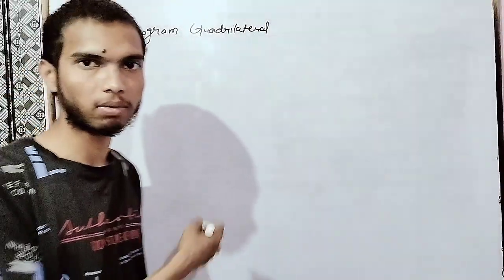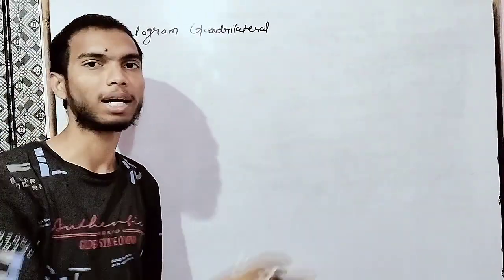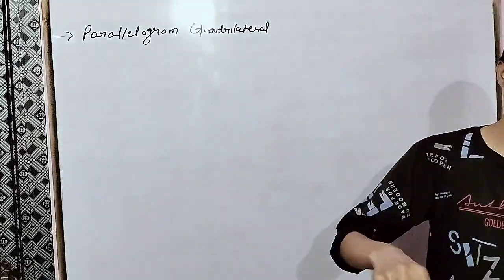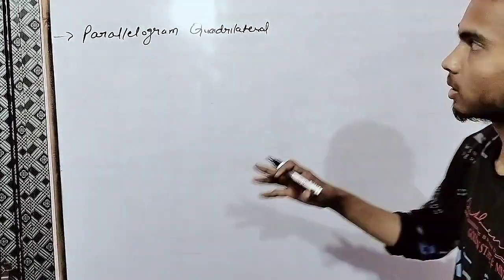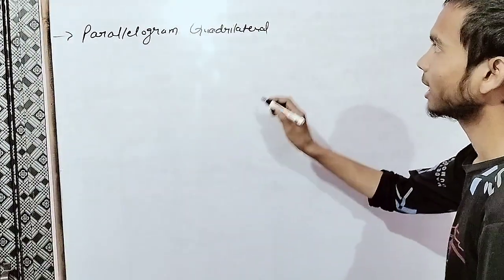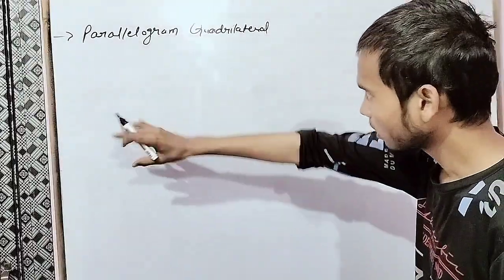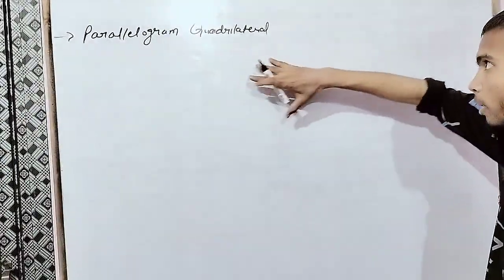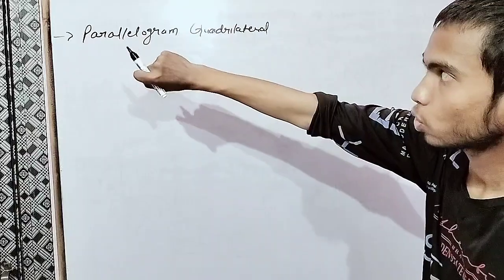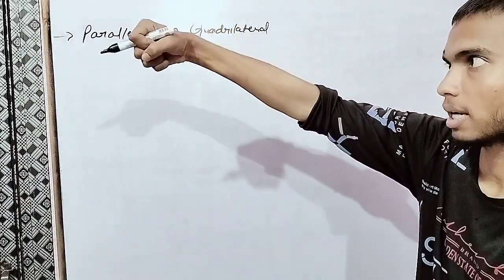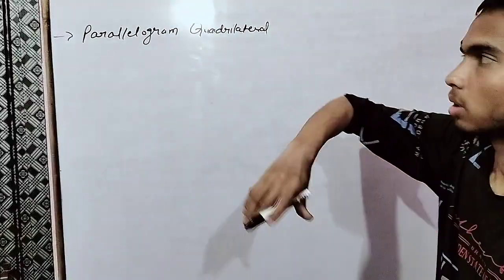We are going to understand what a parallelogram is. It is already a quadrilateral, but the condition is: what is the difference between a quadrilateral and a parallelogram? It says that this is a quadrilateral, but in this case, the two pairs of parallel sides will be equal to each other.